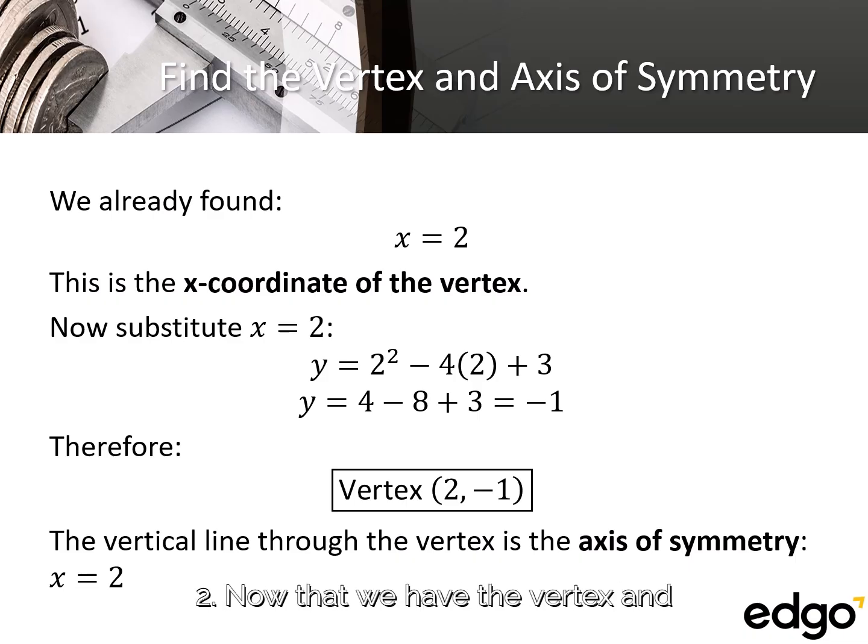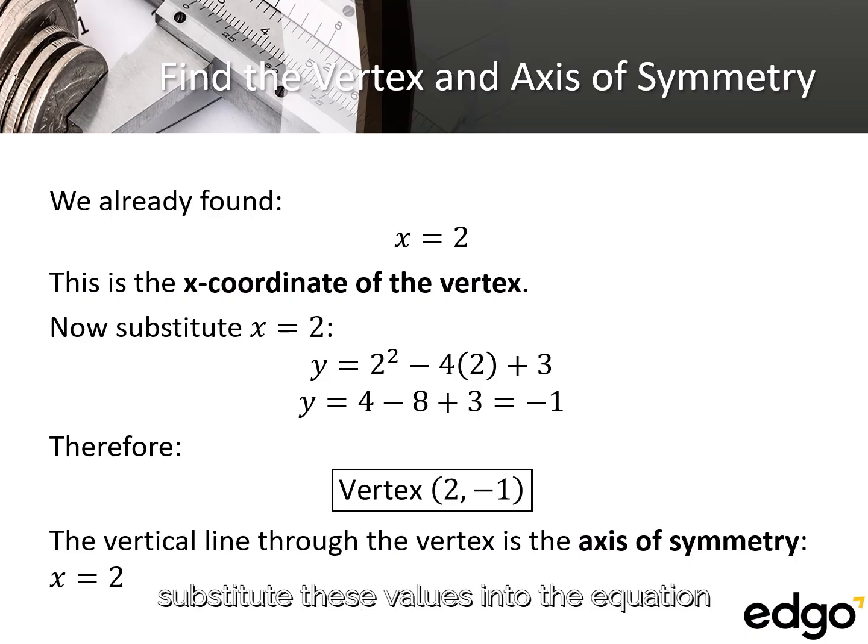Now that we have the vertex and the axis of symmetry, we already have a good starting point for sketching the parabola. We can choose convenient x values on both sides of the vertex. For example, since the vertex is at x equals 2, we can choose x equals 1 and x equals 3. These are equally distant from the axis of symmetry, so the corresponding points will be symmetric.